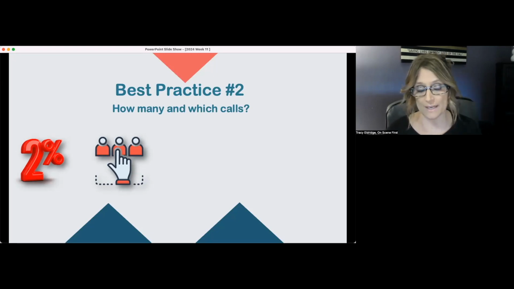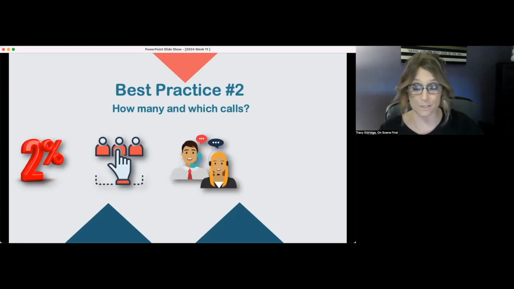Everybody should be evaluated at some point. It should be random for the most part, but there are some specific selected points. The other piece is it should also be the call taking portion as well as the dispatching portion. So the call handler and the dispatcher. And again, your forms should accommodate that as well.